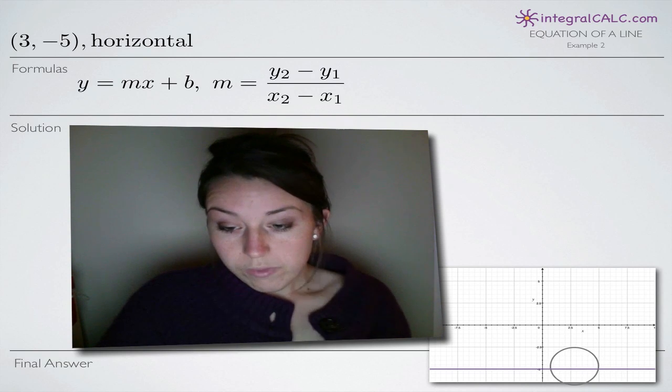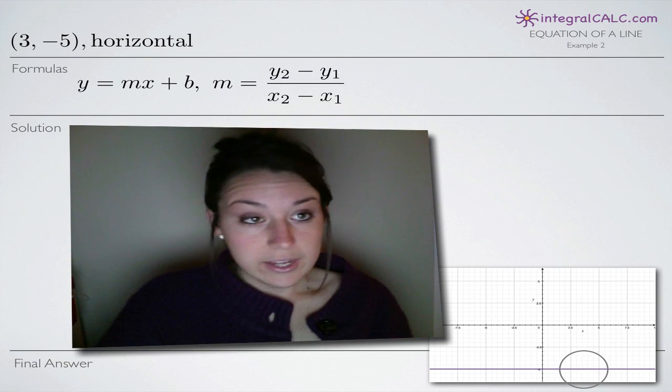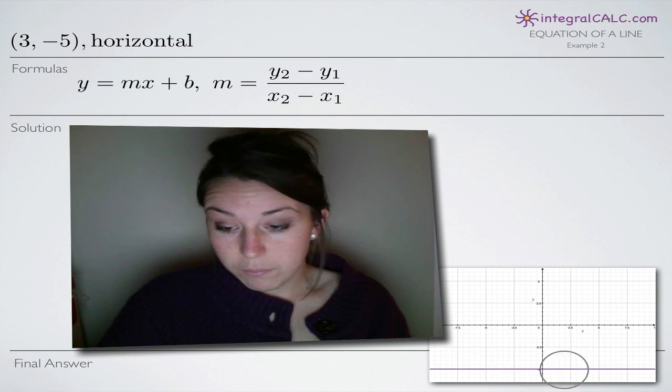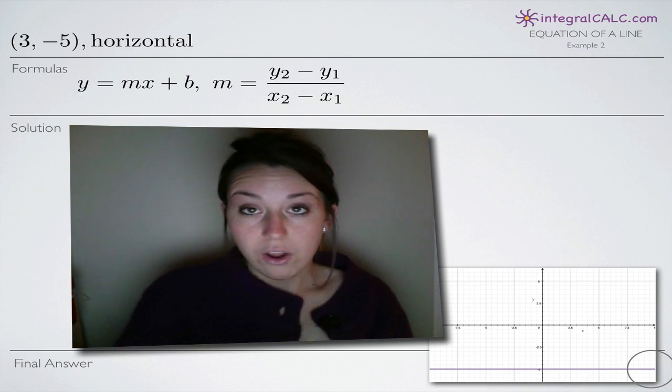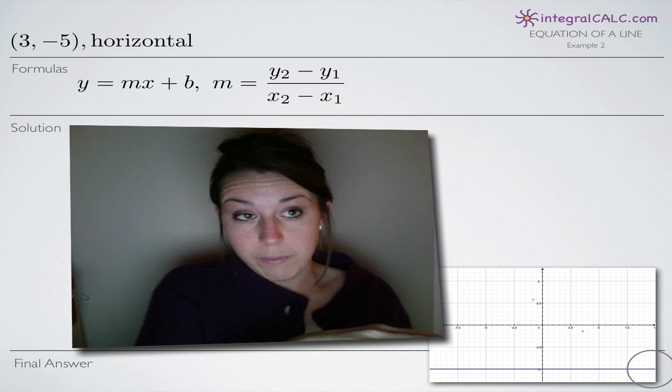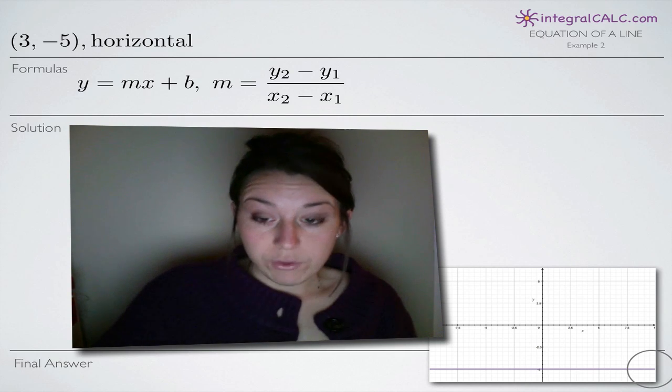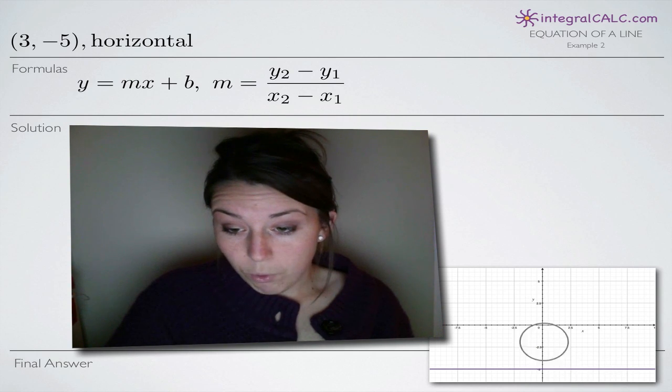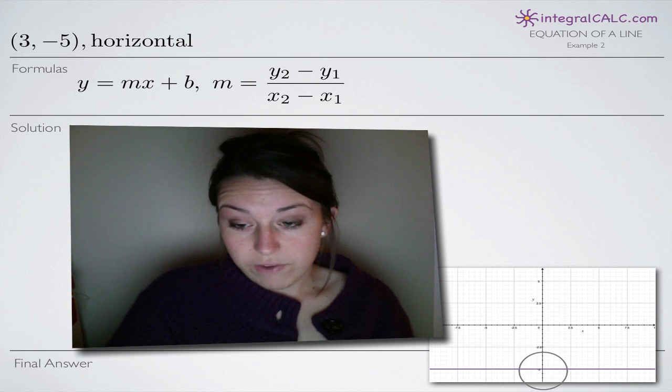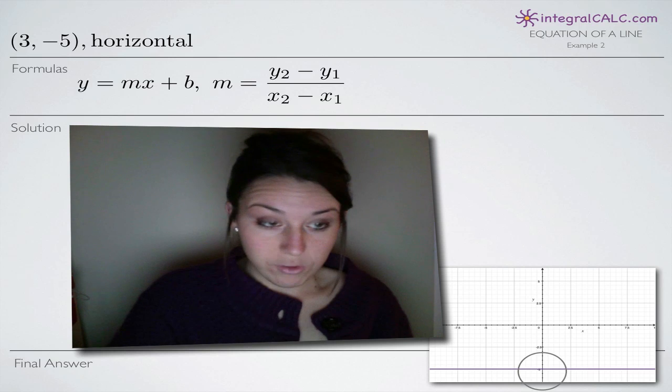If we draw this completely horizontal line, you can see that the y-coordinate is going to be -5 everywhere. So we can use the point (0, -5), where it intersects the y-axis, as our second point. So that's what we'll do.